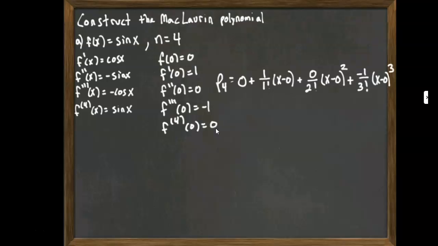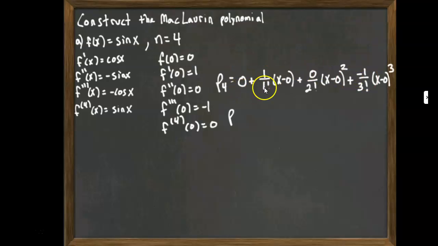And then the fourth term would be 0, so I'm just going to leave it off. I ran out of room, so I won't write the plus 0 because it's not going to matter anyway.